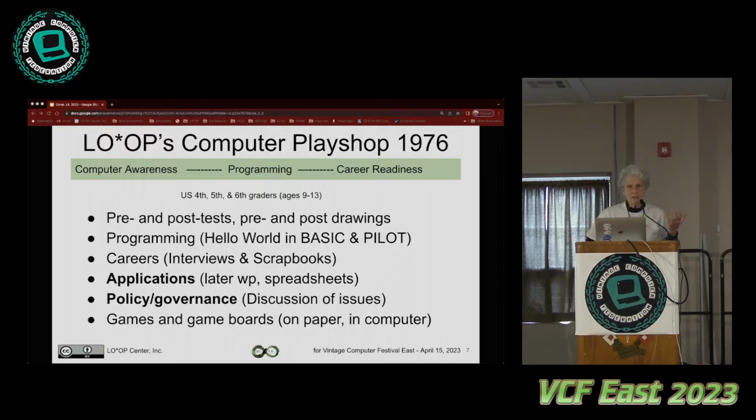Another huge area, that's why I have these in bold print here, is policy and governance. In our computer literacy course, we not only taught programming and let the kids play games, we also had them look at how the computer is used in regulation, how the government works. I think because we wanted people to be knowledgeable voters.